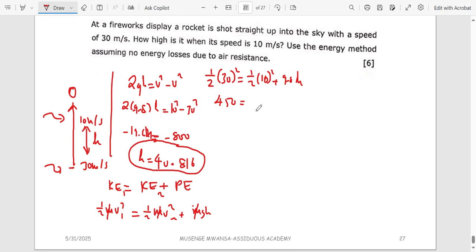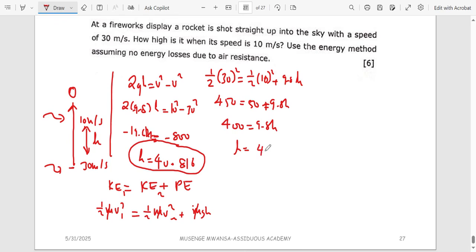That will be equal to 10 squared, which is 100, divided by 2, that's 50, then plus 9.8h. So 450, if this 50 goes to the other side, it will be negative. So we'll have 400. That will be equal to 9.8h. So h is 400 divided by 9.8.